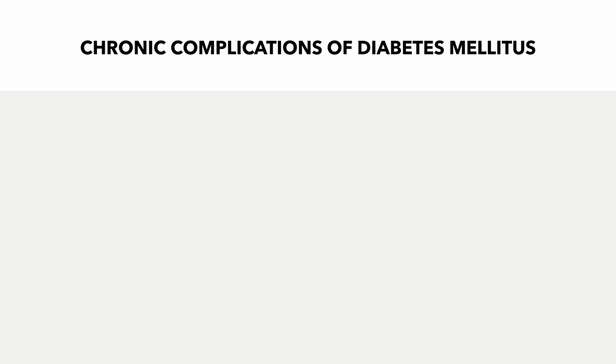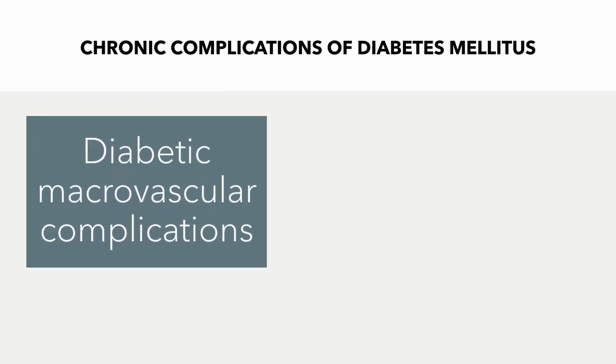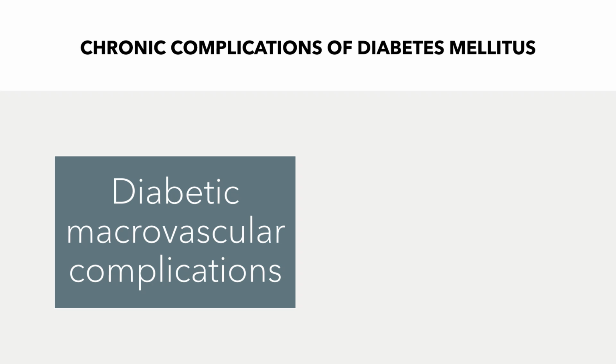So now that we have seen what are the acute metabolic complications of diabetes mellitus, let us look at the chronic complications of diabetes mellitus. The first is diabetic macrovascular complications. Diabetic macrovascular complications are those that occur in large and medium sized arteries.